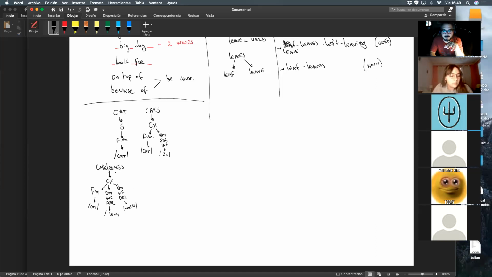With this last example, I'm proving that complex lexemes are built by using one free morpheme and bound morphemes.